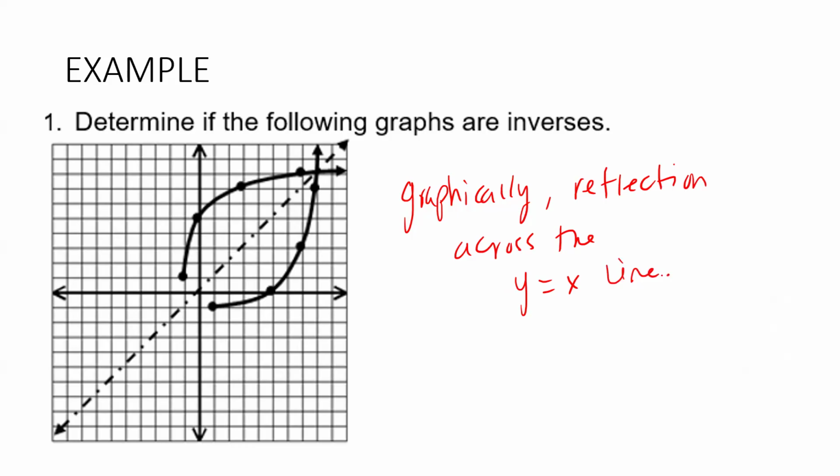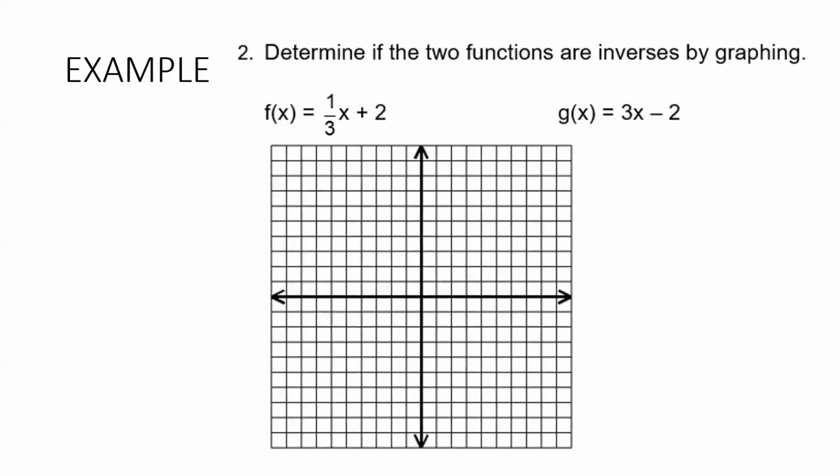And if they are, then they are inverses. So as you can see here, these two are reflections across the y equals x line. And so therefore, this is a model of two inverses. So we can call this y, and then this is y to the negative 1. So that's how you tell graphically.